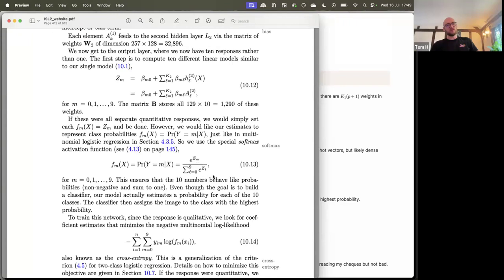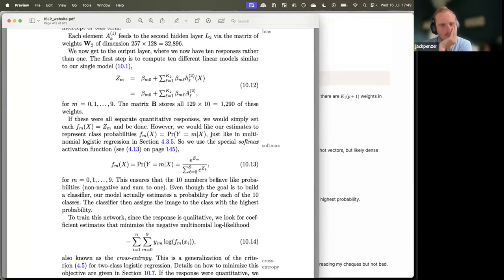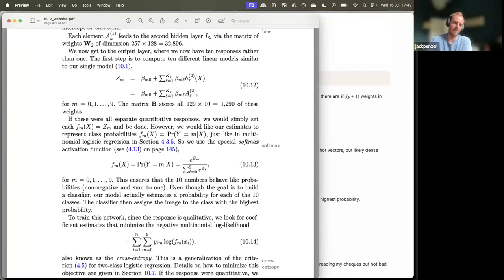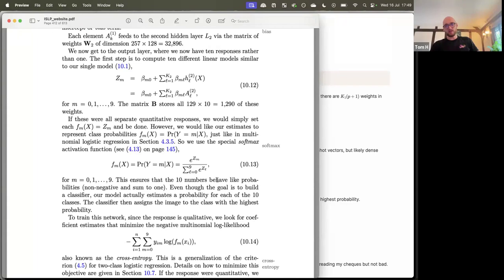I think you could do the first one: does it always give a value that's bigger than 0? Mm-hmm. It's because you're doing an exponential, and the exponential of any real number is going to be positive. Does it sum to 1? Yeah, sum that across m. Yep, because of the denominator, it's going to equal 1.